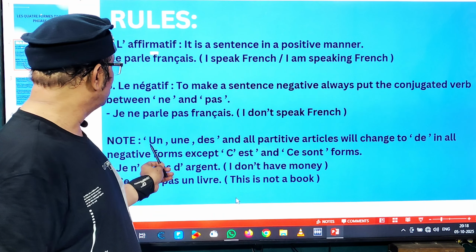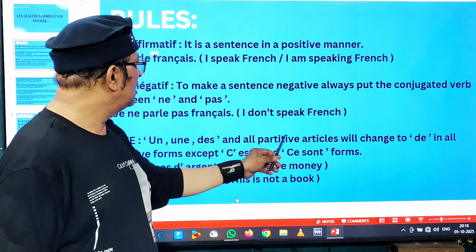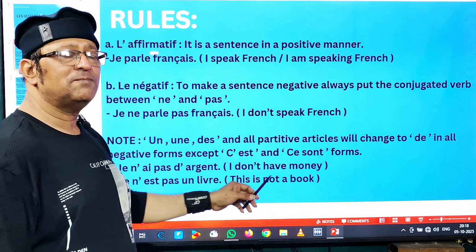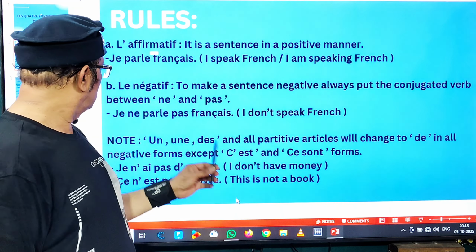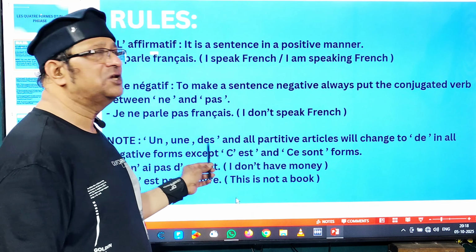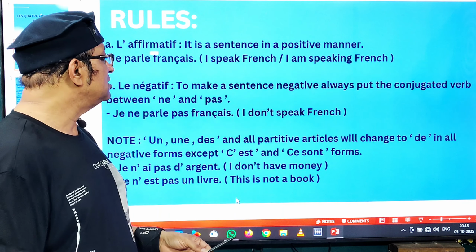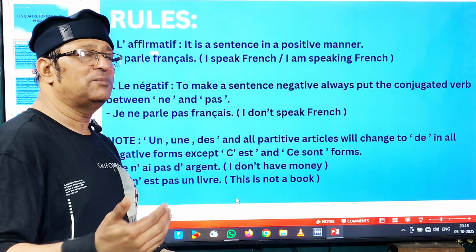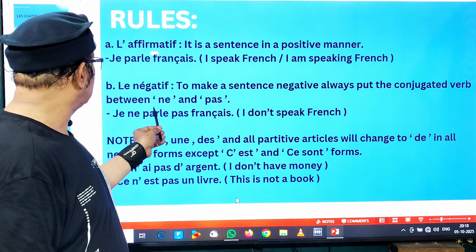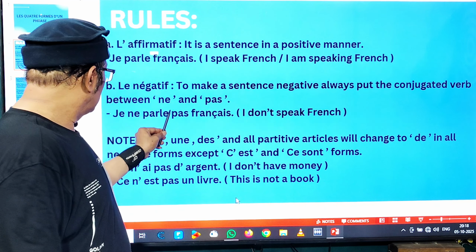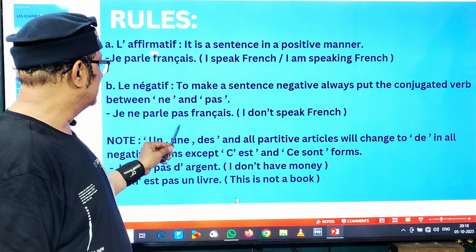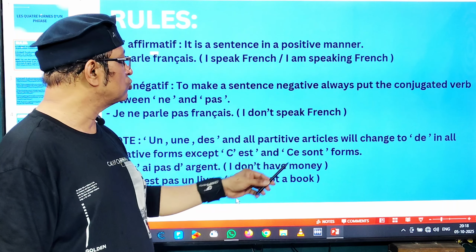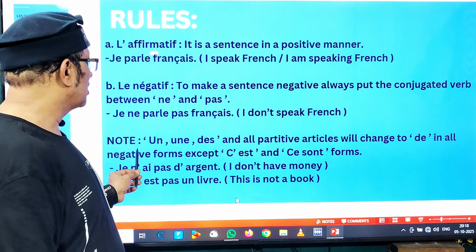These indefinite articles UN, UNE, DES and all partitive articles will remain the same. But whenever there is any other subject pronoun or noun, these words will change to DE in all negative forms. DE will change to D' if there is a vowel. In the same way, NE will change to N' if the verb starts with a vowel.